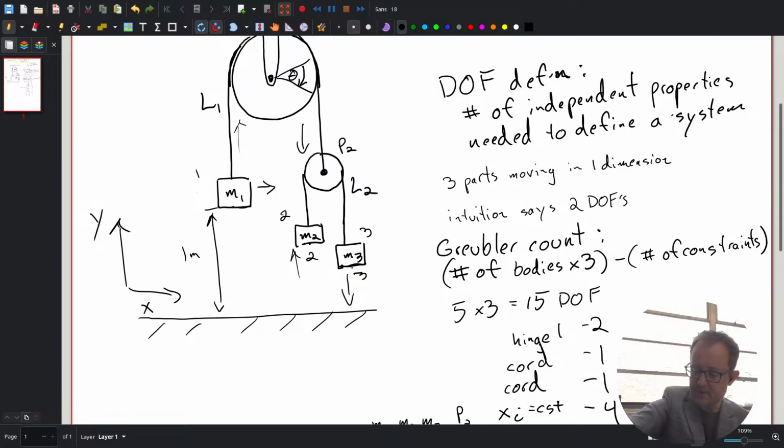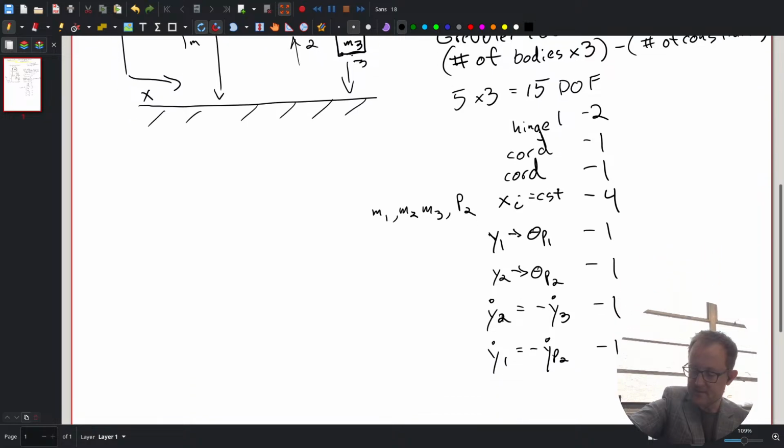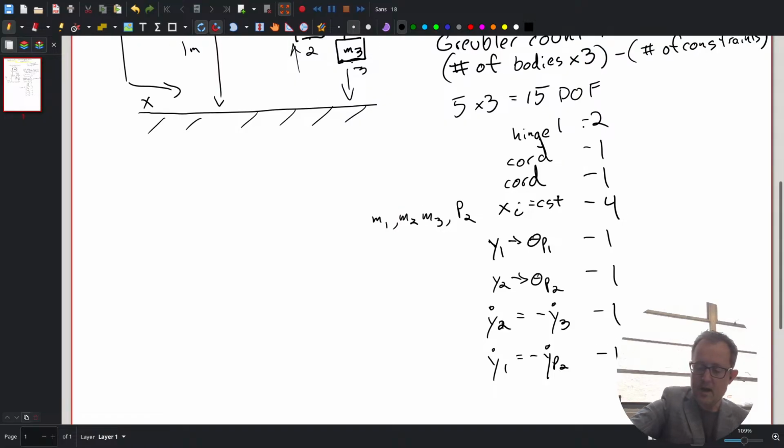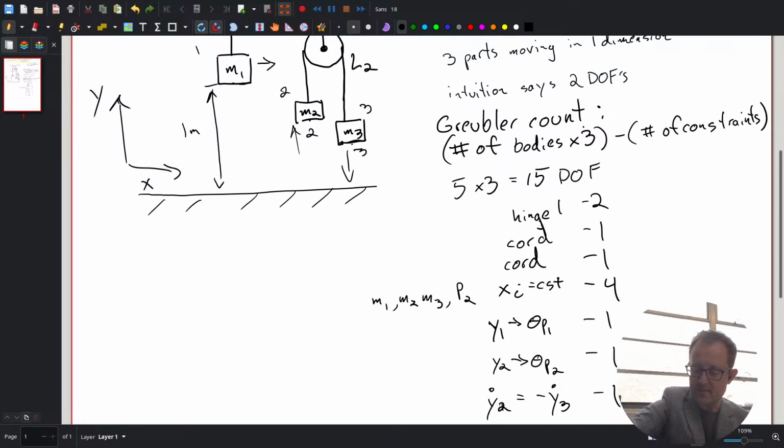Oh, and the last part is we only have that we're not rotating M1, M2, and M3, that theta 1, 2, and 3 are all constant.